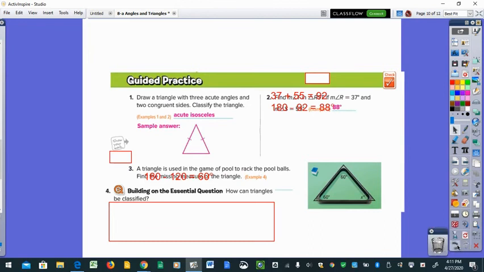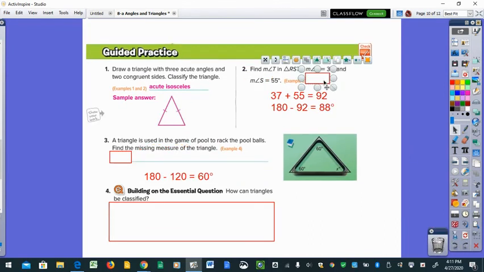Now, I don't know if you've ever played billiards or pool, but in pool there is this rack that you start by putting all the pool balls in, and to kind of line them up and put them in a triangle. It is this shape, obviously, and it does have 60 degrees like that. And they're asking you, what is the measure here?